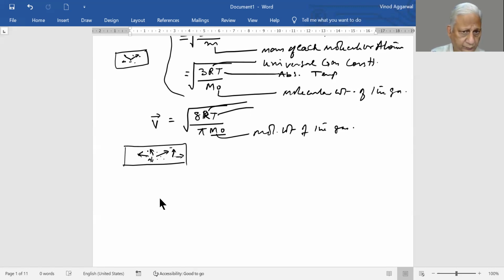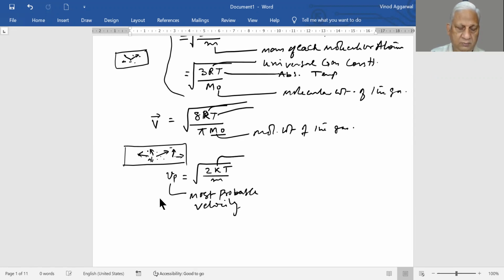Then, if we try to find the statistics of these velocities, it is found that the most probable velocity is given by this formula, where K is Boltzmann constant and M is the mass of each molecule.